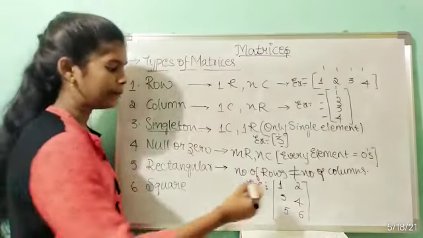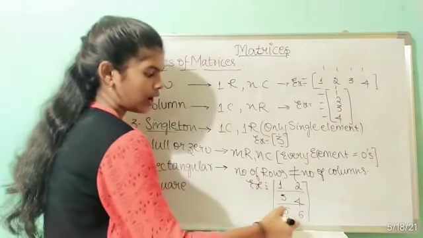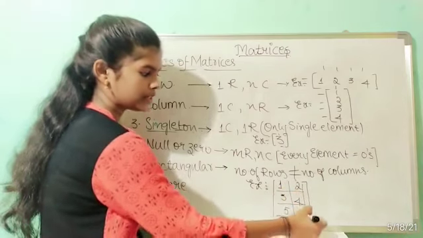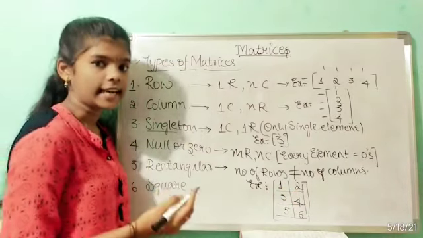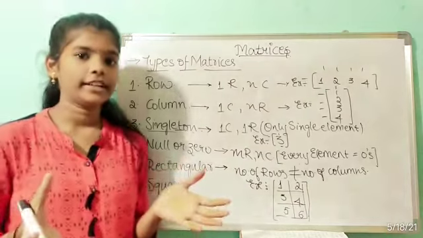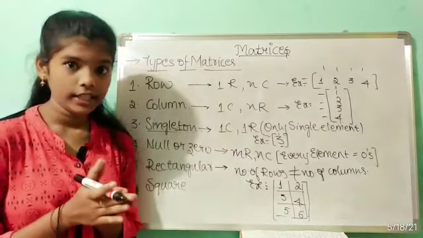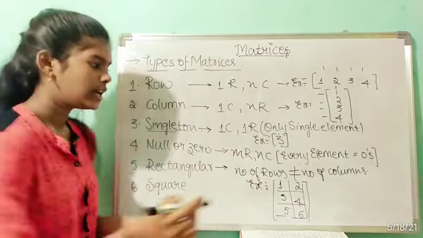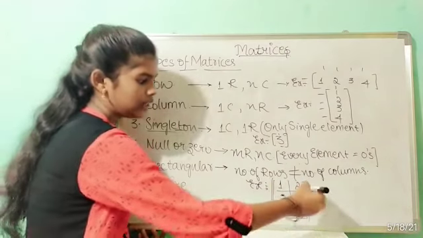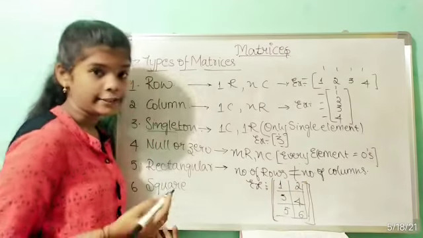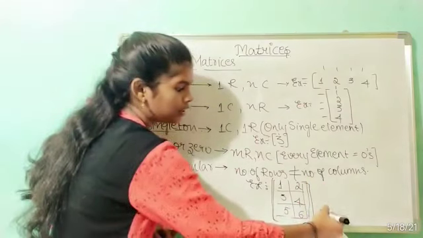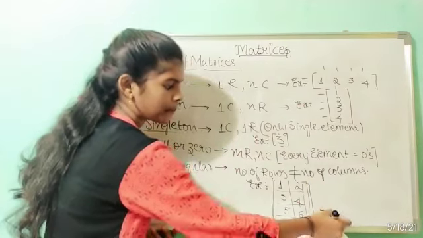Here, number of rows are not equal to number of columns. That's why it's known as a rectangular matrix. Suppose if we observe a rectangle, it's like opposite sides are only equal rather than the four sides. It means that only opposite sides will be equal. That means the order will not be same. Okay?